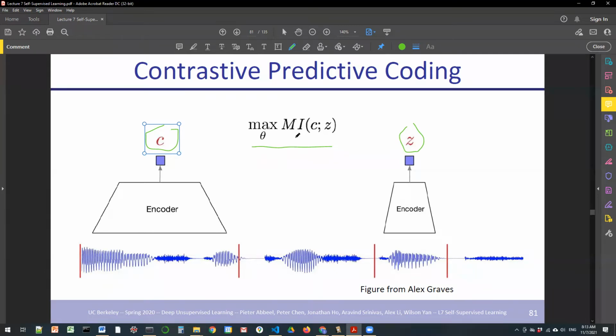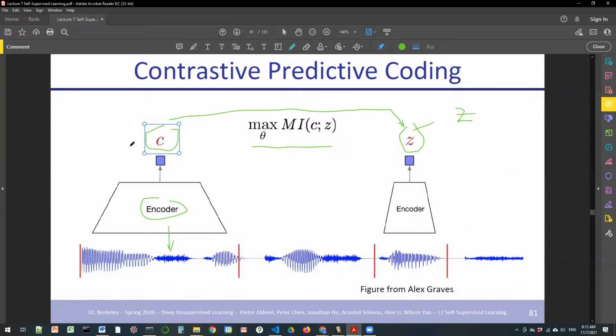So the goal, therefore, is for the encoder to learn representations of the underlying audio waveform such that this context is able to maximally be predictive of the actual future Z when contrasted with a lot of fake Zs, right?